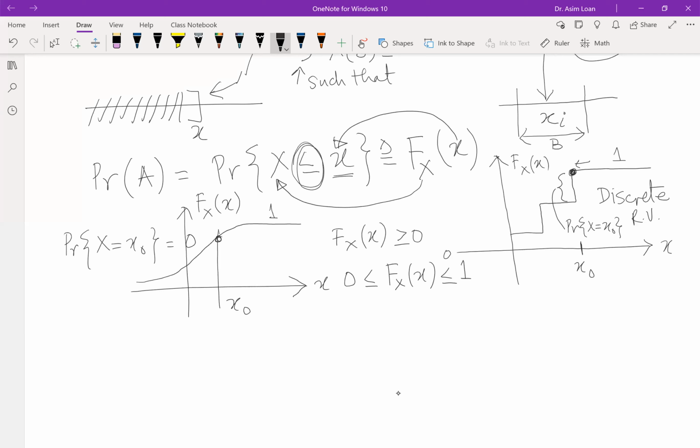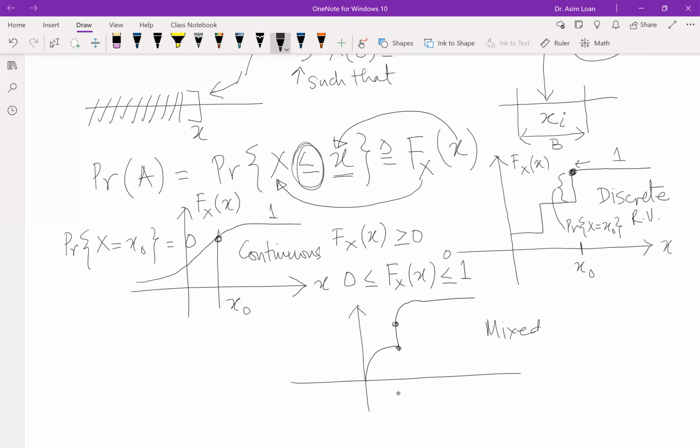So this is discrete, this is continuous, and the combination of these two is the mixed. So for a mixed random variable, you may have something like this. So here you have jumps, and you have a continuous part here.